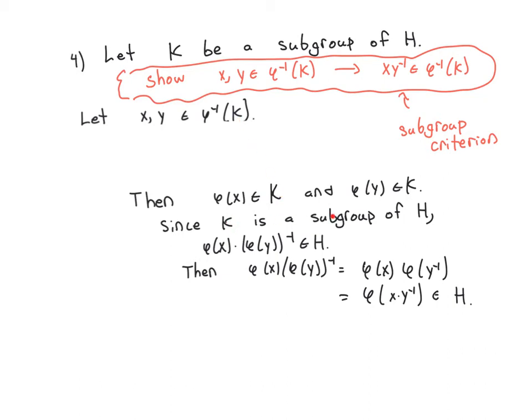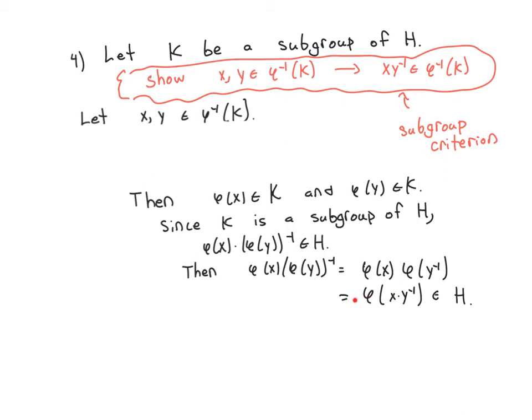Since K is a subgroup of H, phi of x times phi of y inverse is an element in K. Then by properties of group homomorphisms, phi of x times phi of y inverse is equal to phi of the product x y inverse.